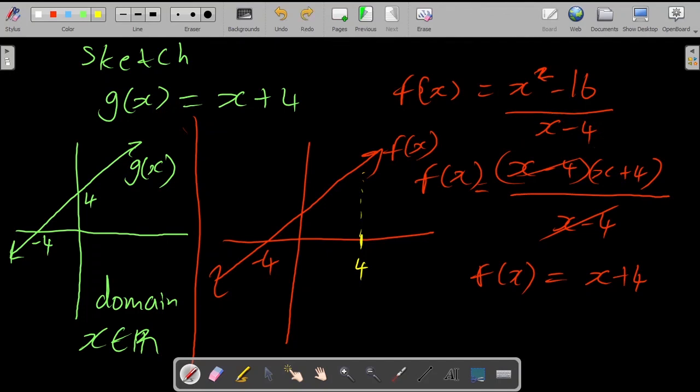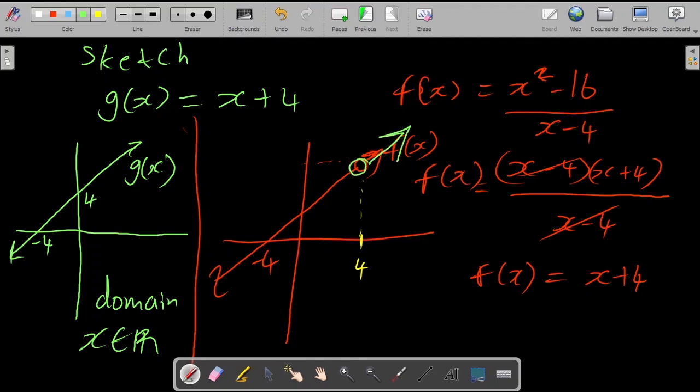So at this point, there is a discontinuity, and we indicate that by this circular thing on your graph, and that shows that at this point we don't necessarily have a definite value, or we don't quite know what is happening there when we have division by 0. Even if you put that into your calculator, you should get a math error, because we don't know what happens when we divide by 0. So that is shown by this circular thing over there.